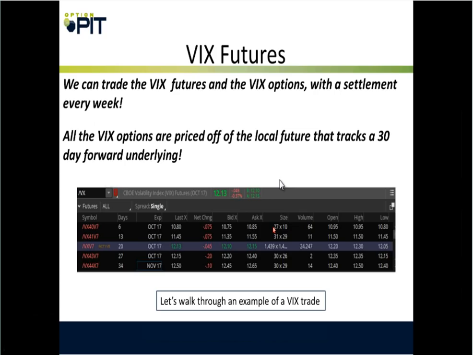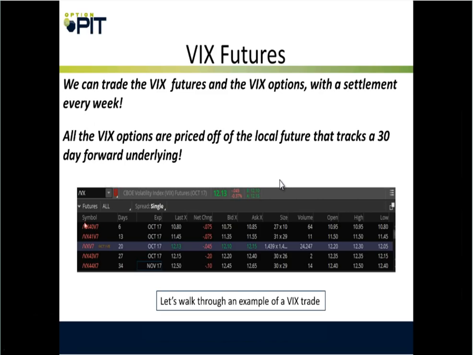Now this is the part that's going to be confusing to you, but it's what it is. So I have a VIX that is a 30-day out underlying. Remember, VIX is a 30-day out underlying. But all of the local futures, meaning the futures priced around what's happening this week, settle this week.